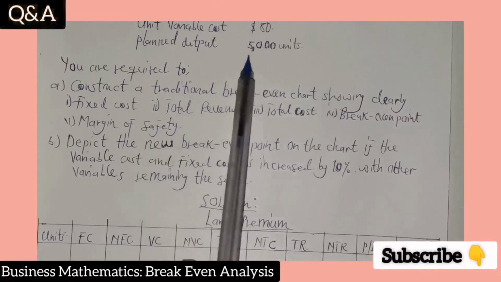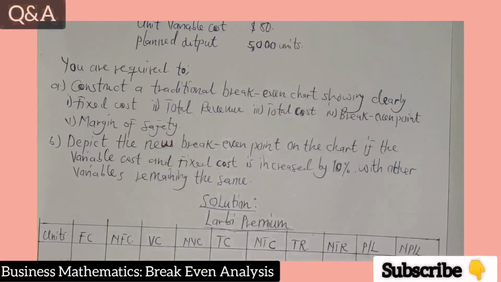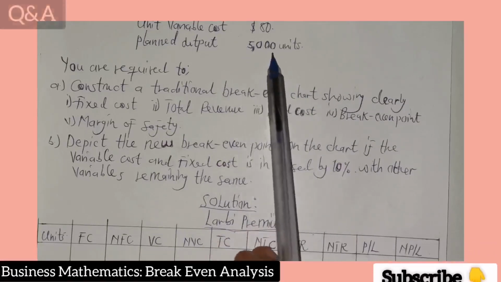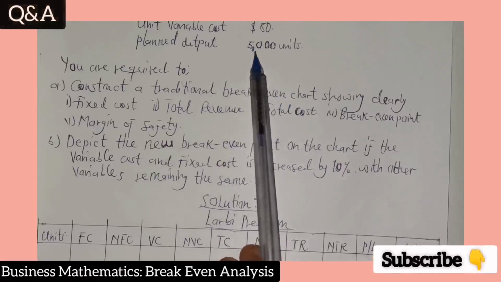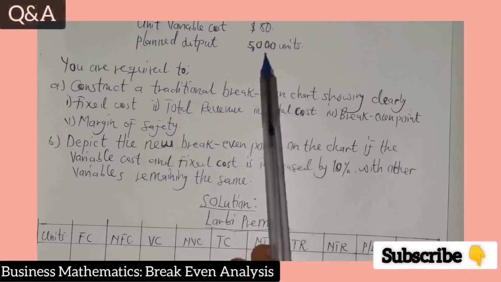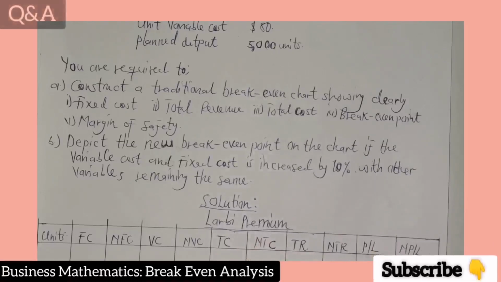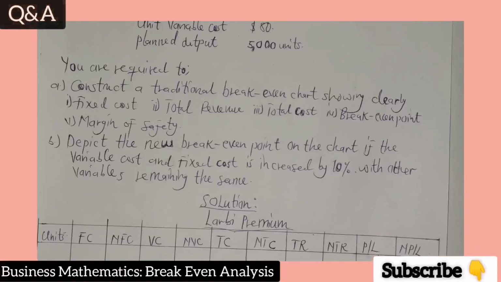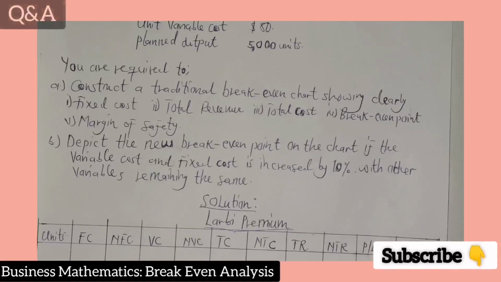So for me, I'll start with 500 units. Your last unit that you need to present on the units variable should be equal to the 5,000 units here. So here I'm going to break it down. I'm going to start with 500 units as my first planned units, then the second will be 1,000, third 1,500, fourth 2,000, fifth 2,500, sixth 3,000, seventh 3,500, eighth 4,000, ninth 4,500, and tenth 5,000.